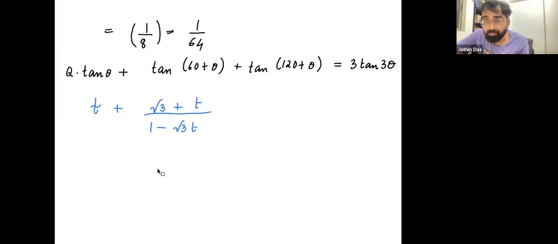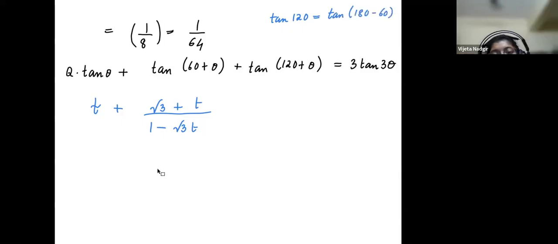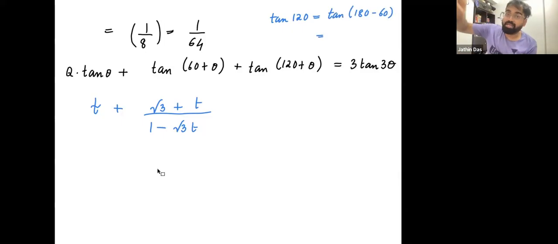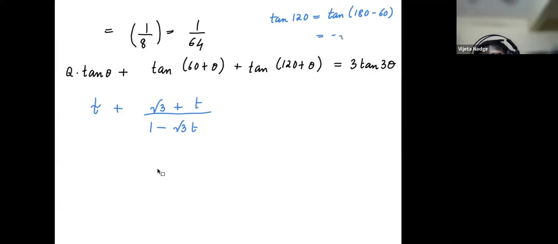समझ में आया मैंने क्या किया? First of all, you tell me here, what is tan 120? I'm just asking you normal. Tan 180 minus 60. Now in the second quadrant tan negative है. So minus root 3 आएगा.